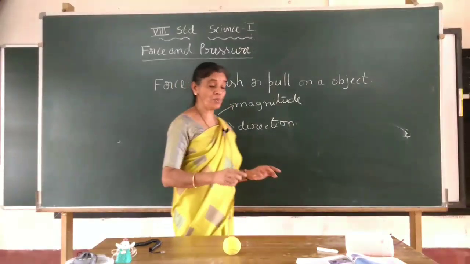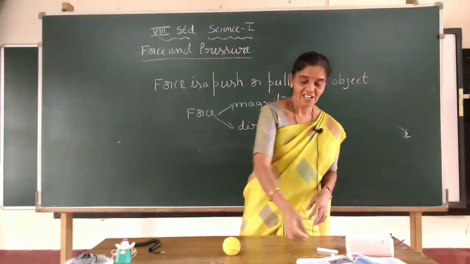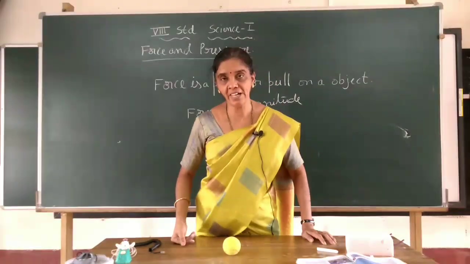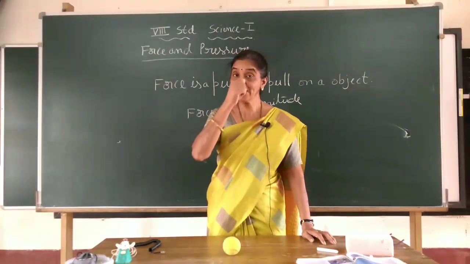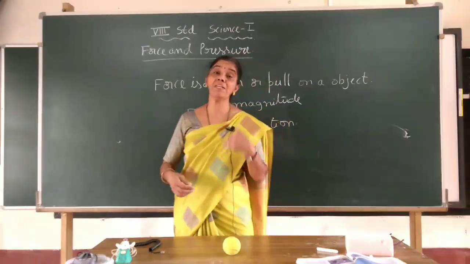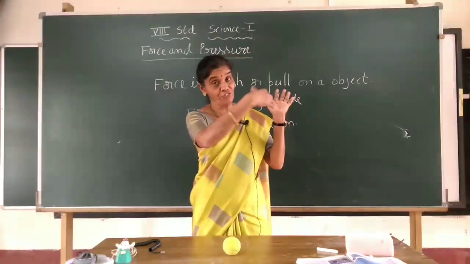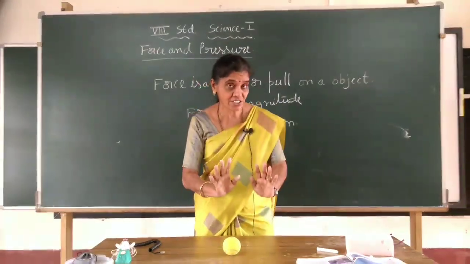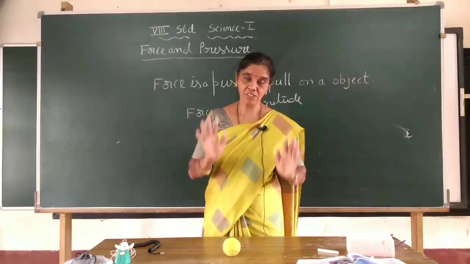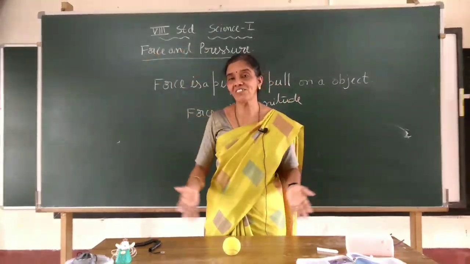It has two quantities. That is the reason I said in festival time, when they pull the chariot in the single direction, many people apply the force. Then if you apply the force in the same direction, many of the objects or the persons, all the forces will add up.